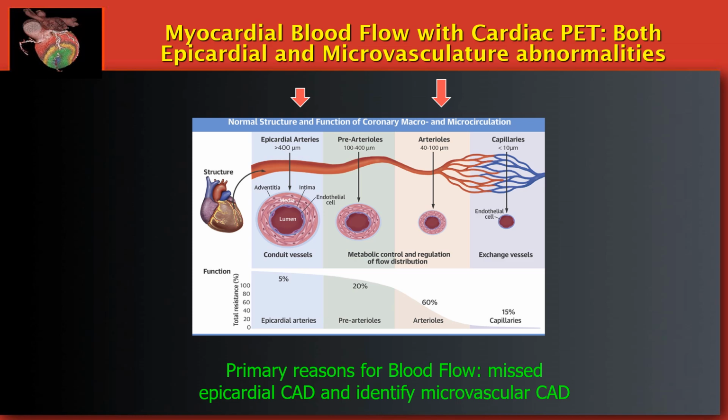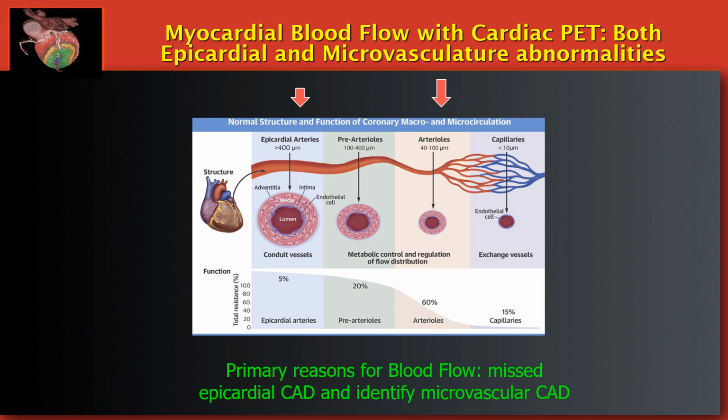So this is showing you both epicardial and microvascular abnormalities. A primary reason for reduced blood flow is missed epicardial coronary artery disease, but you can also identify the microvascular coronary artery disease.